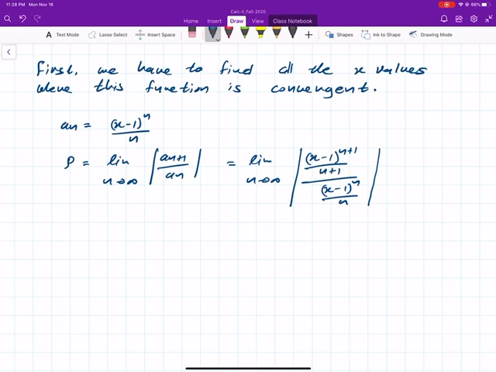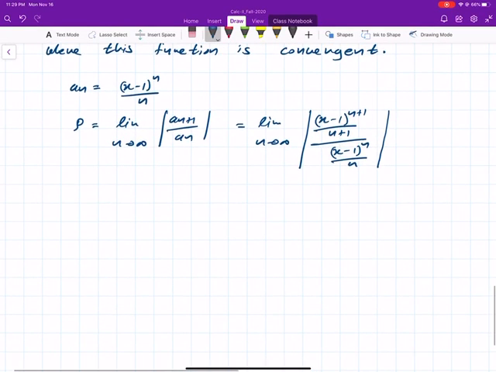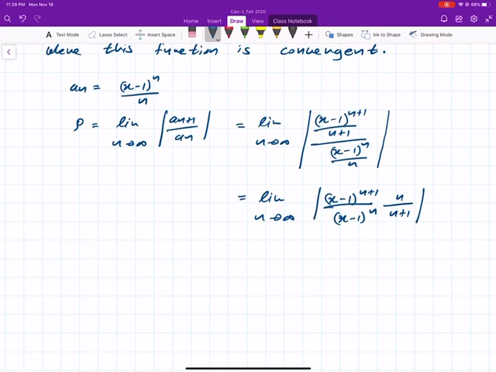Alright. Now you have to cancel terms. Let me rearrange this. I can write this as the limit as n goes to infinity of the absolute value of (x minus 1) to the n plus 1 over (x minus 1) to the n, times n over n plus 1.